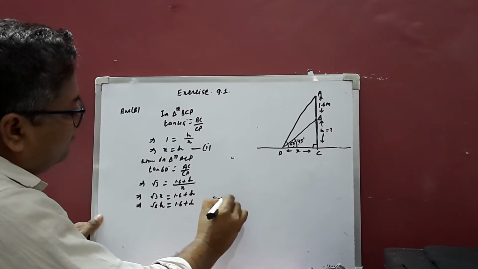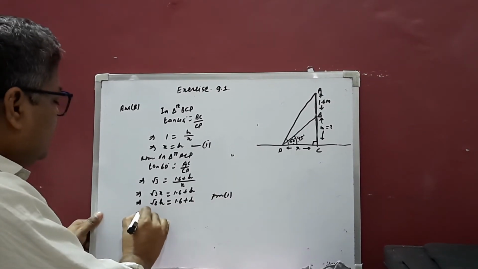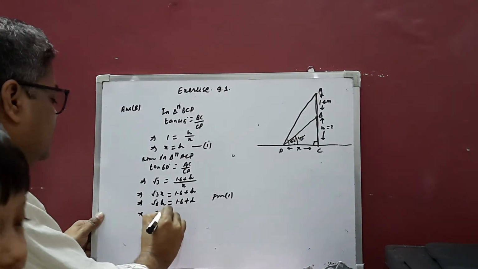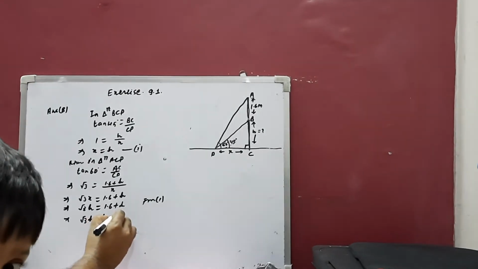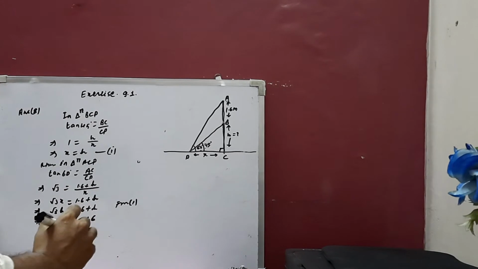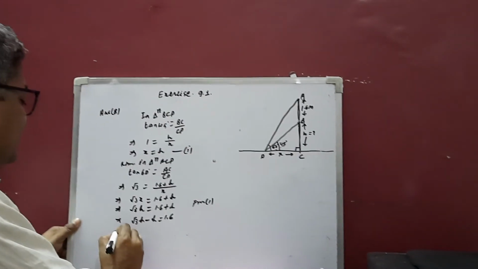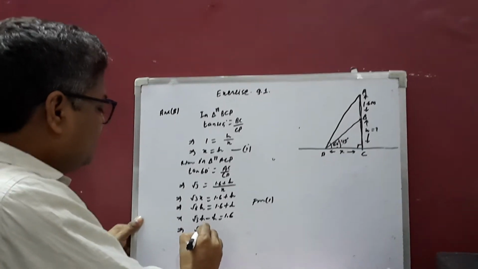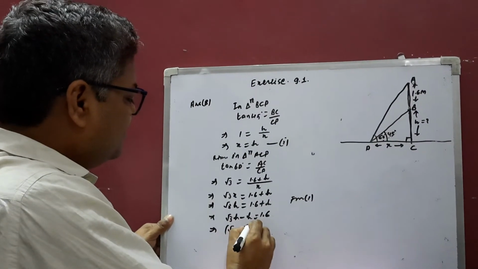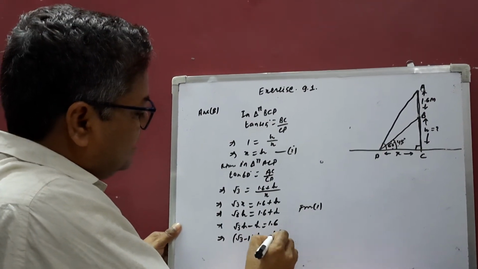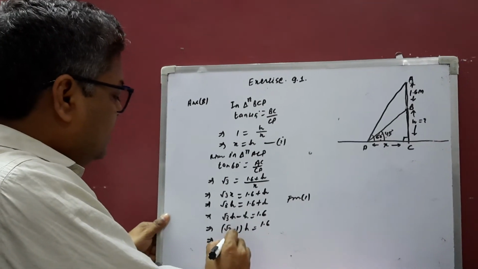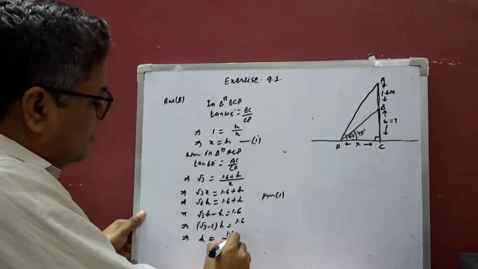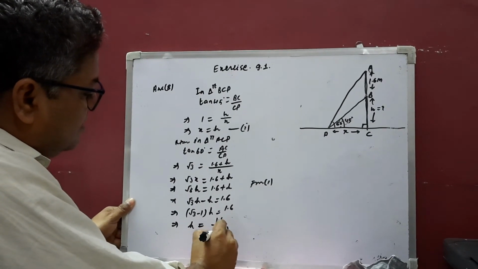Shift h from this side, root 3 h minus h is equal to 1.6, and take h as a common, h times root 3 minus 1 is 1.6. So h is equal to 1.6 upon root 3 minus 1.